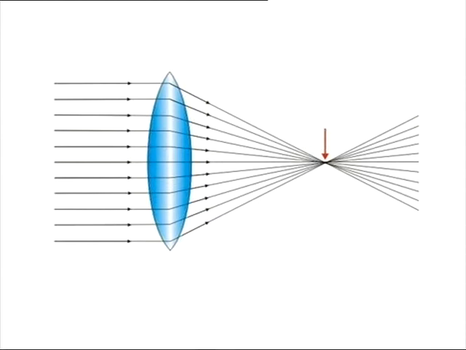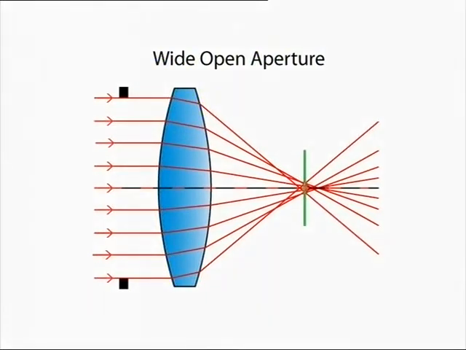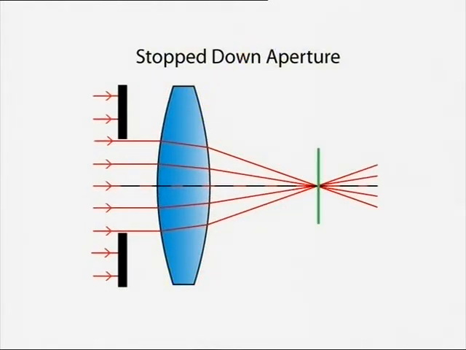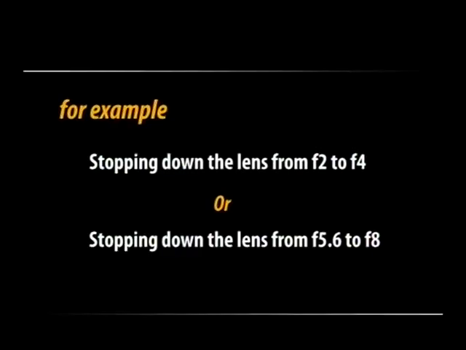A perfect lens will have all the rays converge onto a single point, as illustrated in the diagram. Spherical aberration is most pronounced when the diaphragm of the lens is wide open, that is, fully open. It can be reduced by stopping down the lens. Stopping down the lens even by a single stop can dramatically reduce spherical aberration.